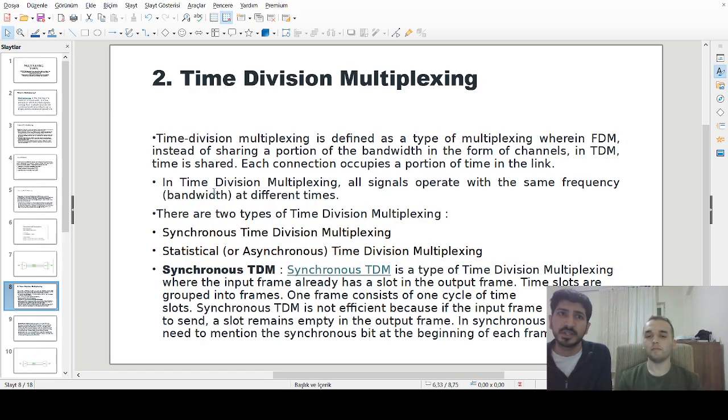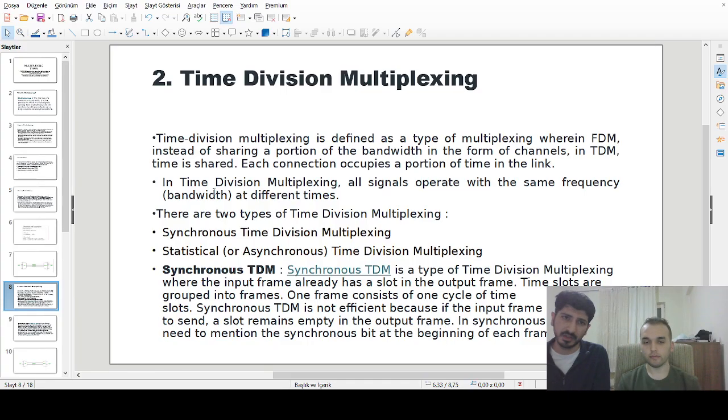Time division multiplexing (TDM). Time division multiplexing is defined as a type of multiplexing where, instead of sharing a portion of the bandwidth in the form of channels as in FDM, time is shared. Each connection occupies a portion of time in the link. In time division multiplexing, all signals operate with the same frequency at different times. There are two types of time division multiplexing: synchronous time division multiplexing, and statistical or asynchronous time division multiplexing.